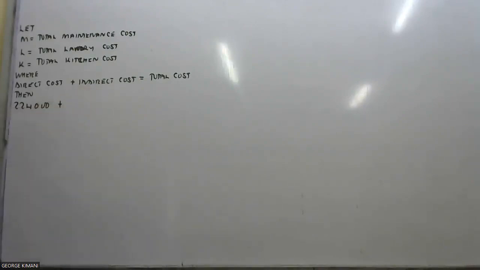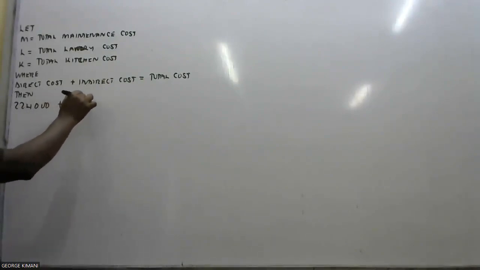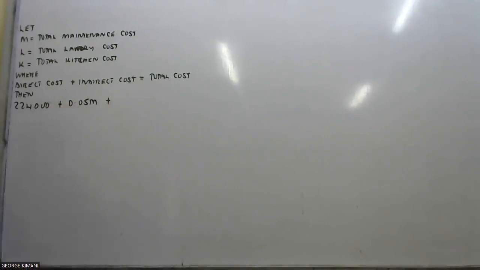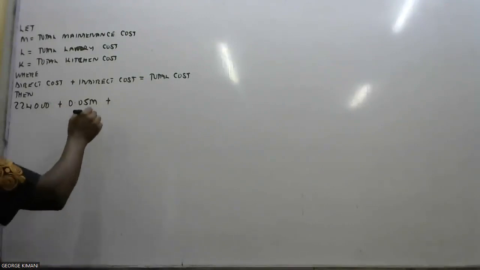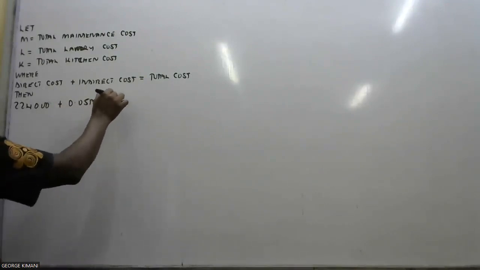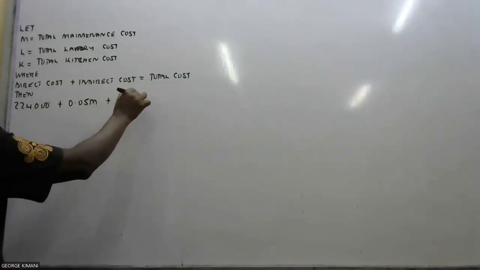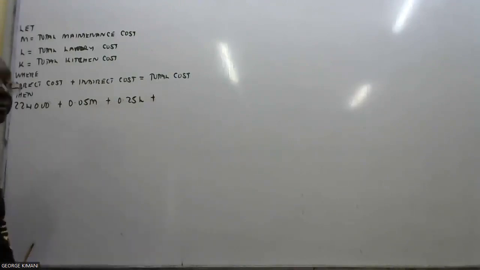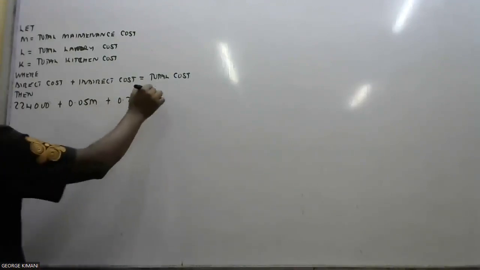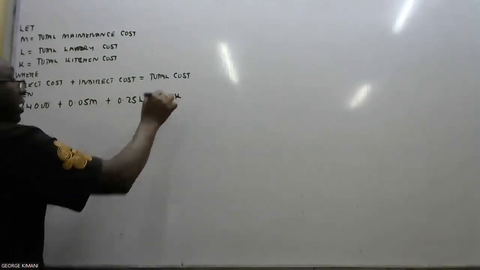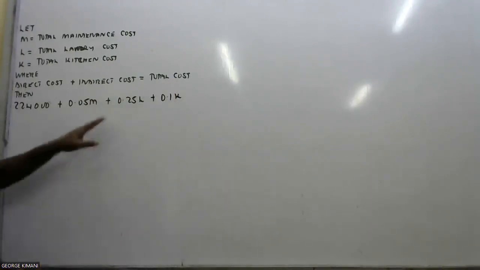Interpret row wise. 5, so that is 0.05 M. Then following the row, 0.25 L and kitchen has 0.1 K. Now these shared ones are what are called indirect.